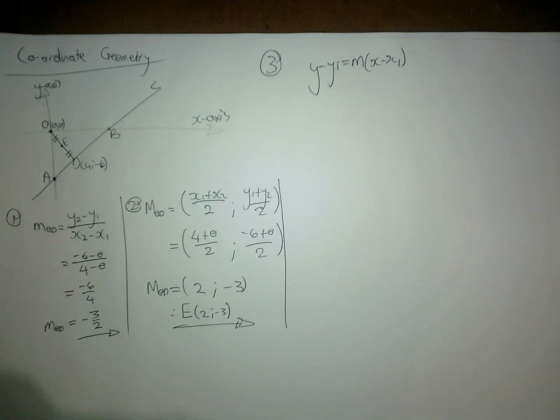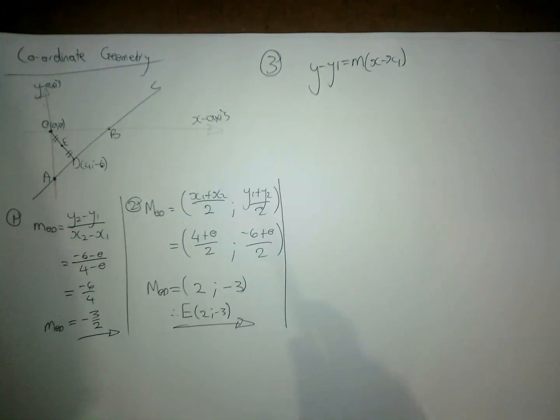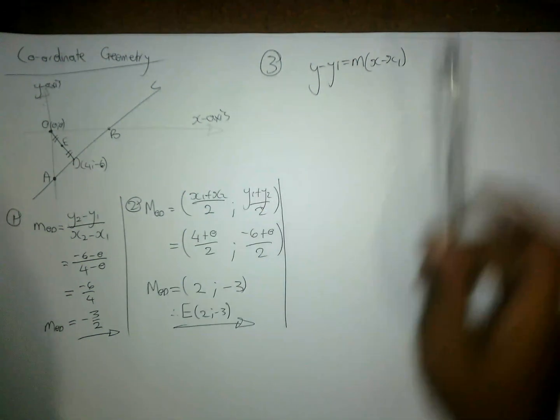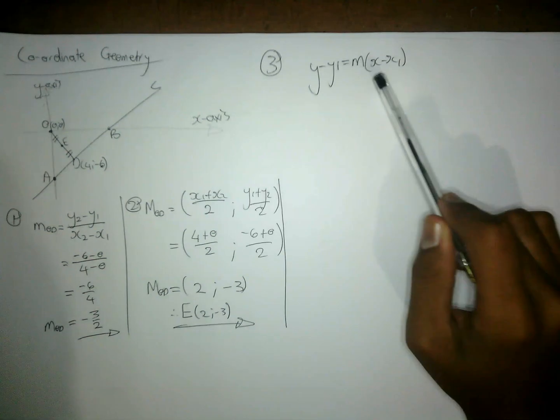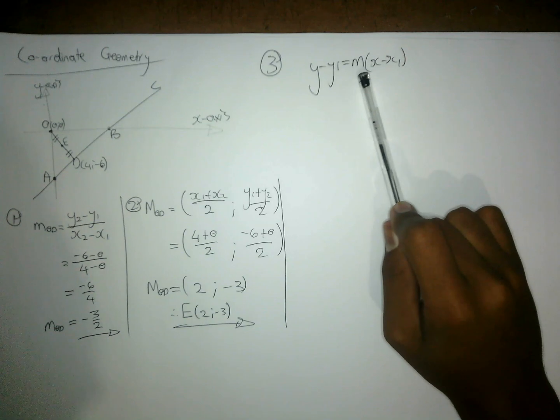What this is saying is AC is perpendicular to OD. So we have the gradient of line OD, but now we need the gradient of line AC, because we must put the gradient of AC over here.